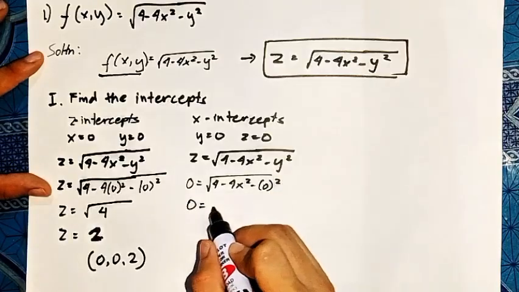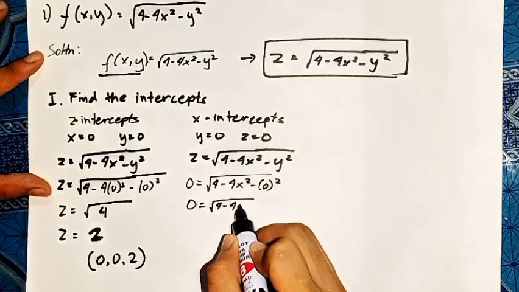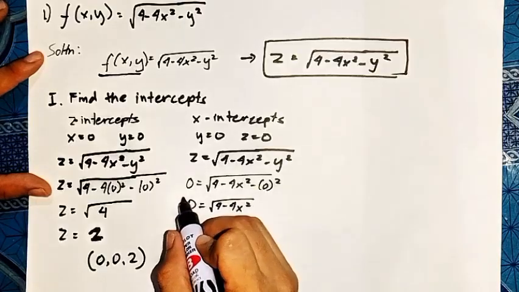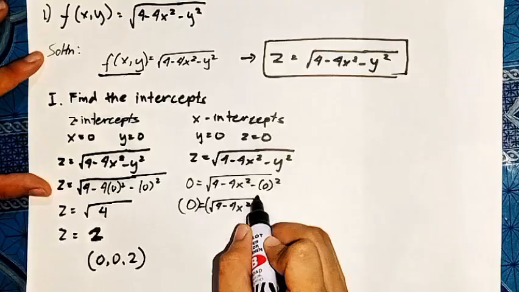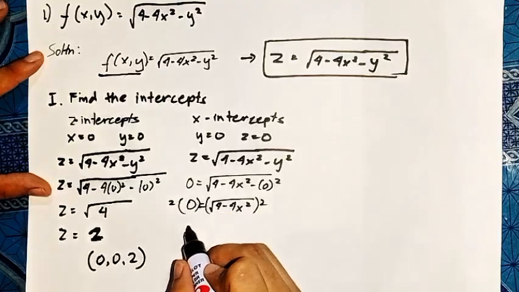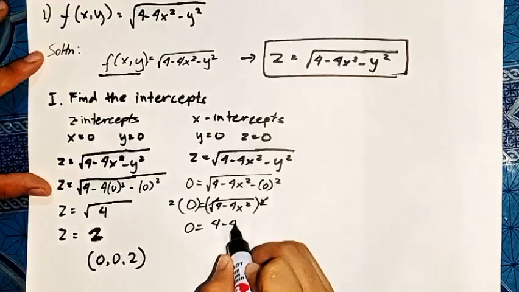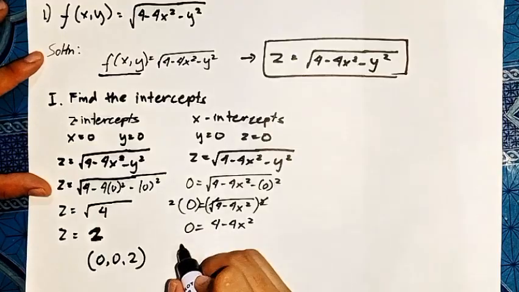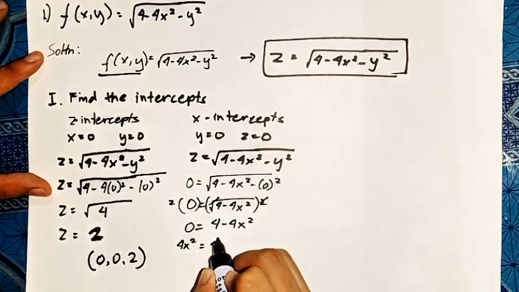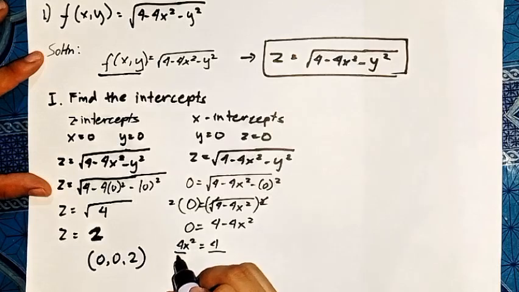It becomes 0 is equal to 4 minus 4x squared. Now square both sides. So 0 squared is 0, and we have 4 minus 4x squared. Now 4x squared is equal to 4. Divide by 4 both sides.